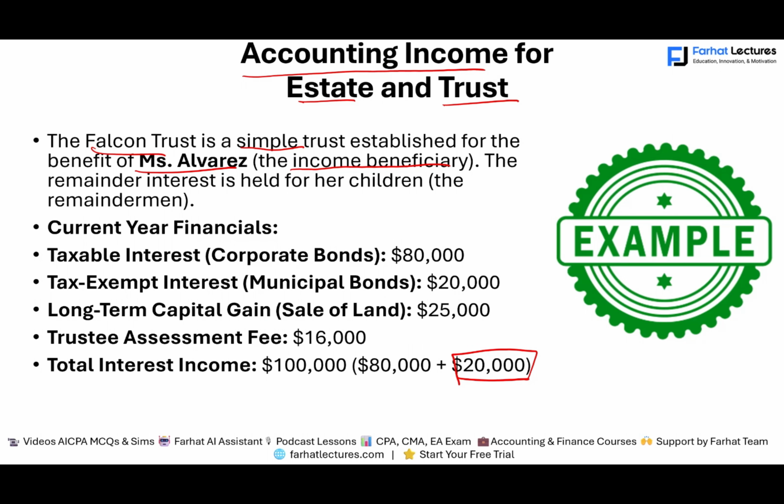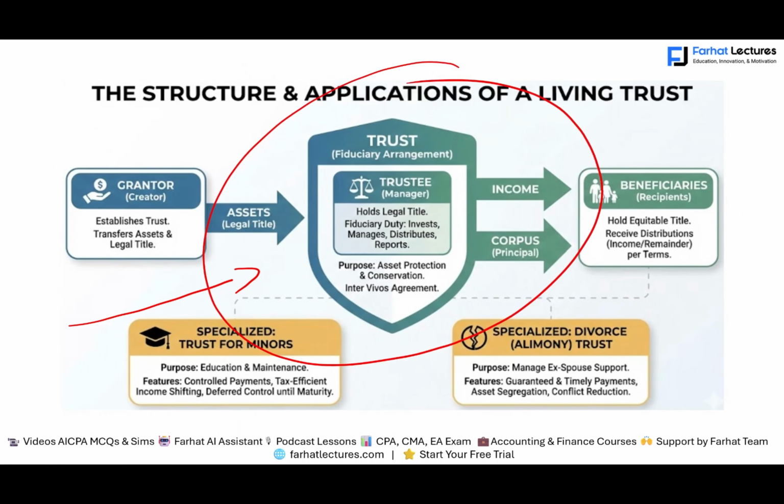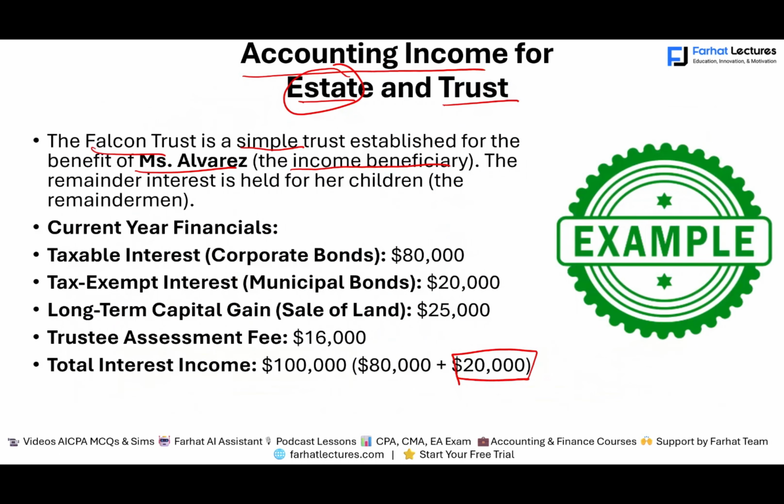Now, if you don't understand what an estate or a trust is, it's something that we looked at in the prior session. Please go back to the prior session to understand what a trust and an estate are, because in this session, I'm focusing on one aspect of this, and that's computing accounting income. Now, why do we need to compute accounting income?